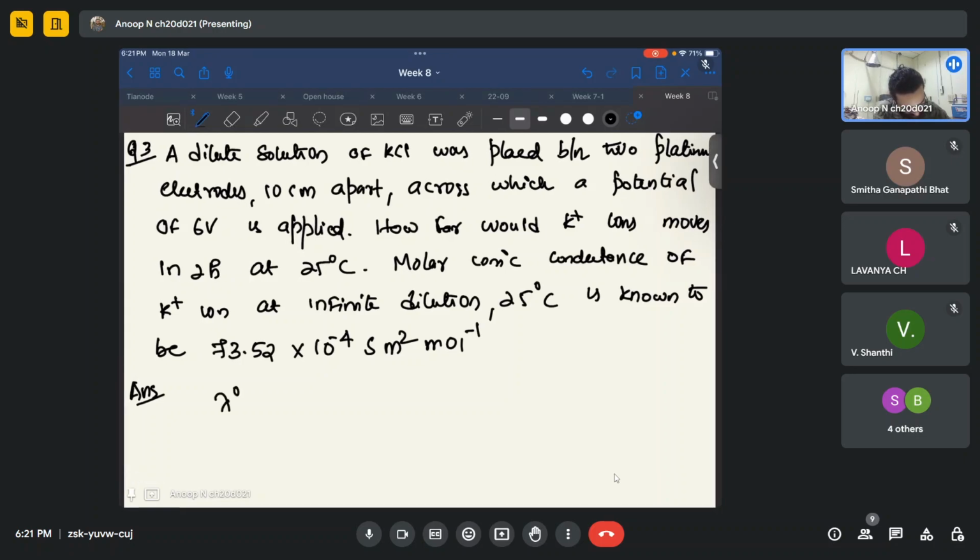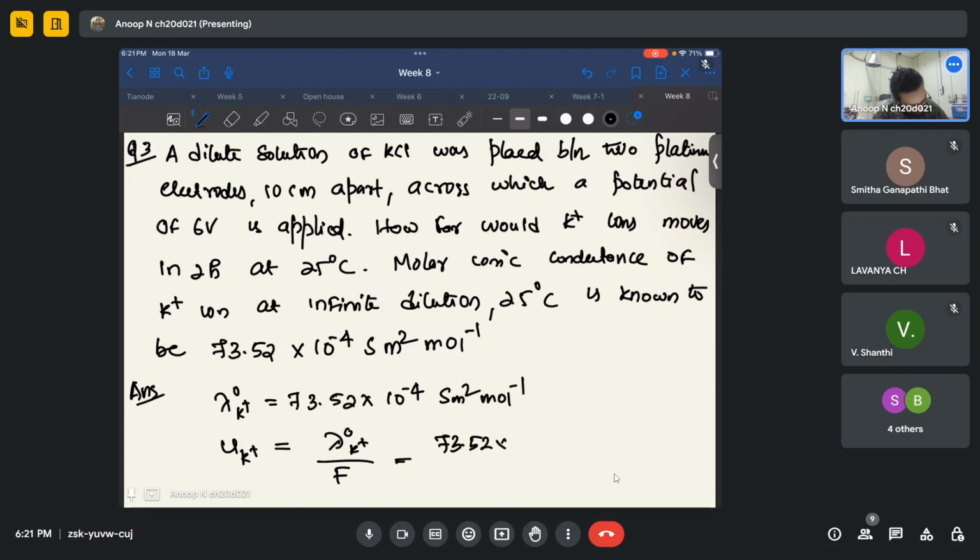So given lambda 0 K plus is equal to 73.52 into 10 raised to minus 4 Siemens meter square mole raised to minus 1. From that I can find out U K plus is equal to lambda 0 K plus divided by F. That is 73.52 into 10 raised to minus 4 divided by 96485.